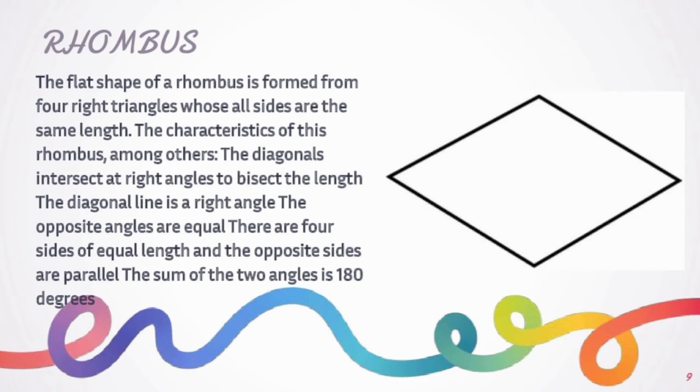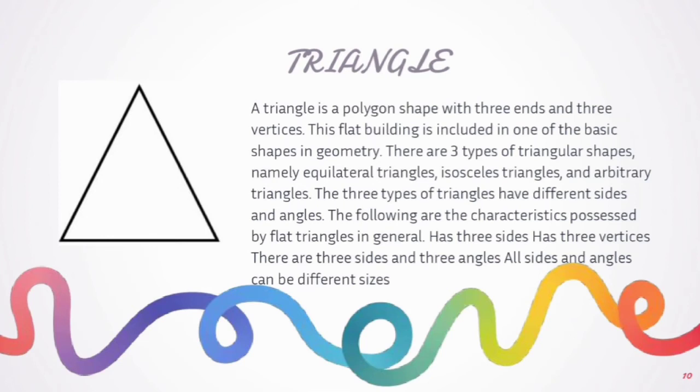Triangle. A triangle is a polygon shape with three sides and three vertices. This flat shape is one of the basic shapes in geometry. There are three types of triangles, namely equilateral triangles, isosceles triangles, and arbitrary triangles.